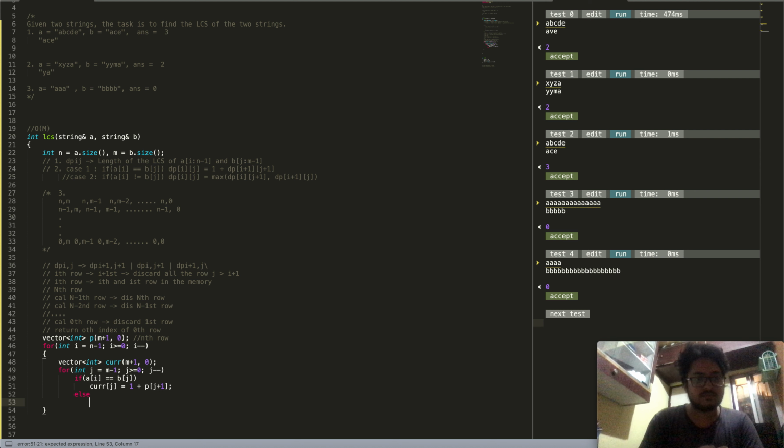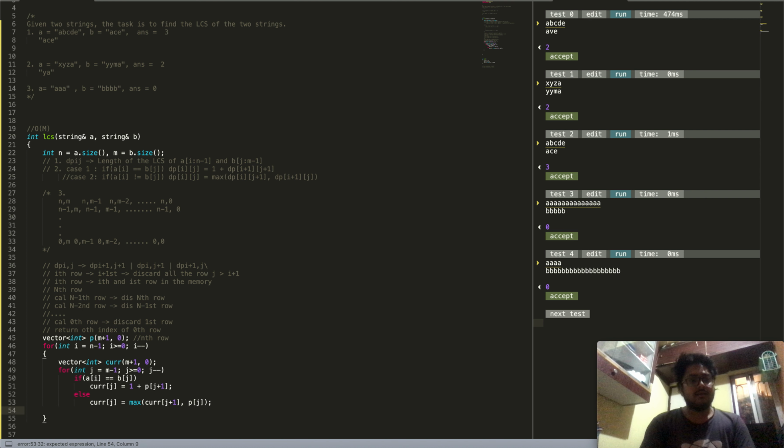Otherwise, curr of j will be equal to the maximum of these two elements: dp of i comma j plus 1 corresponds to curr of j plus 1, and dp of i plus 1 comma j corresponds to p of j.